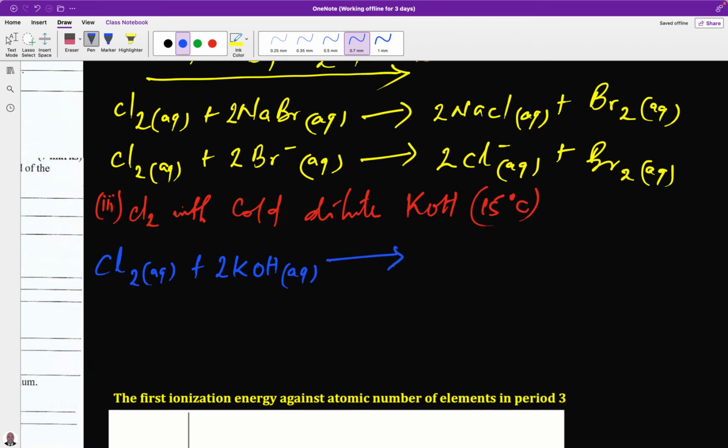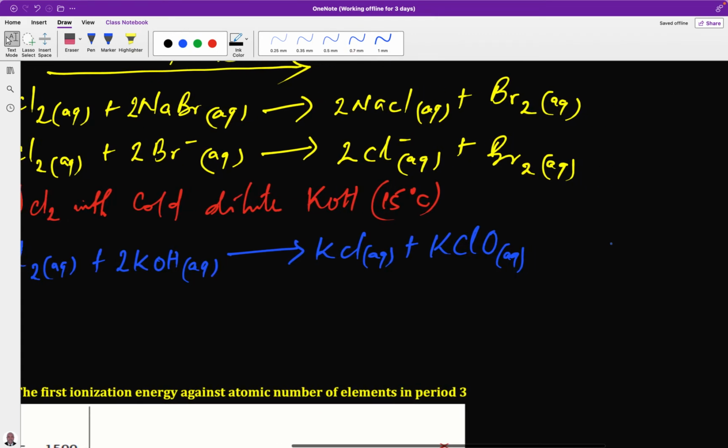I said there will be a salt there. There will be a salt plus aqueous plus water.